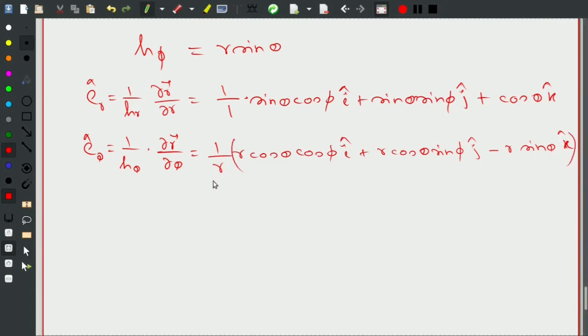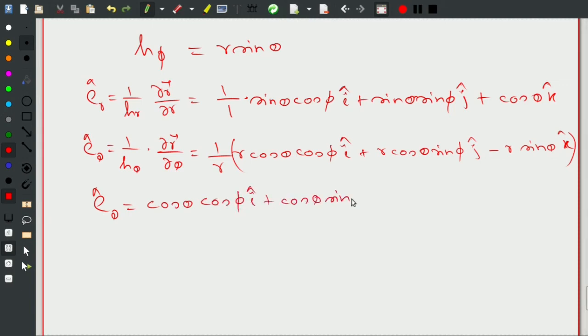If we divide by r throughout this equation, we have e theta, the unit vector along the theta direction, as cos theta cos phi i cap plus cos theta sin phi j cap minus sin theta k cap, right?